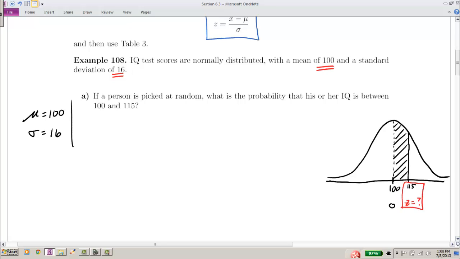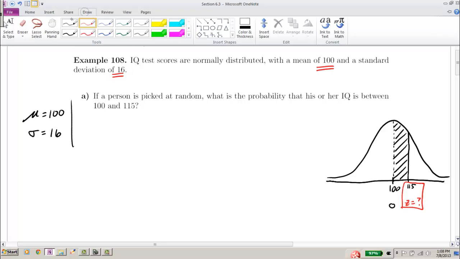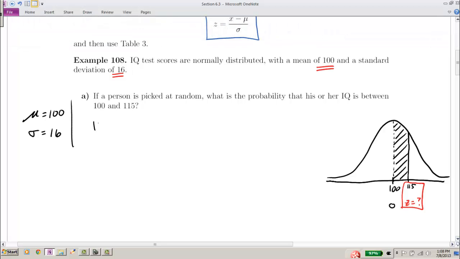If I can do that, then I can phrase the problem as what's the area between these two z-scores, and that's what's going to allow me to use the table. So let's find the z-score for x equals 115.